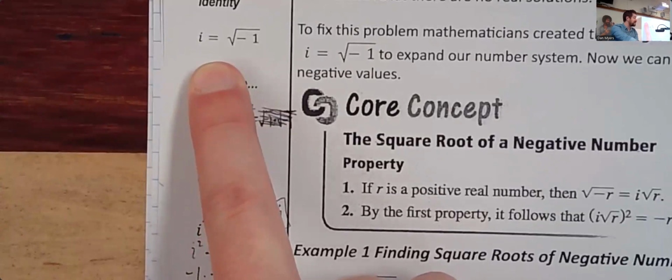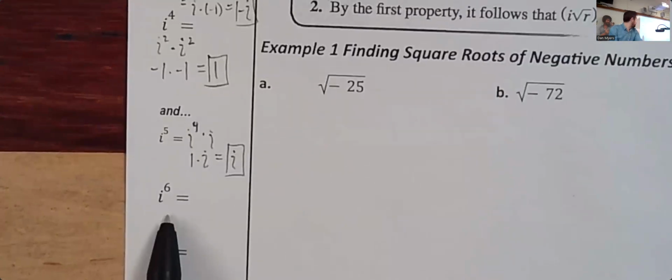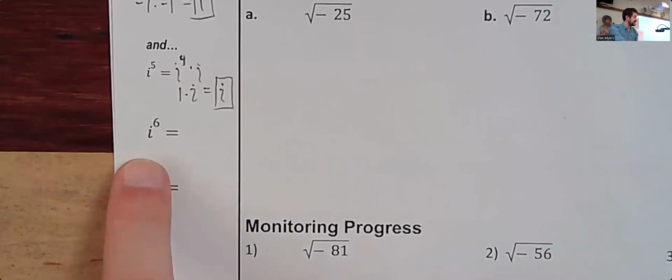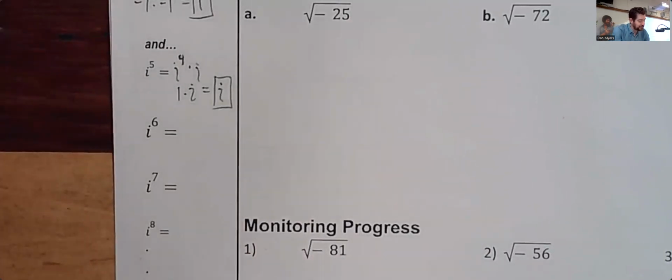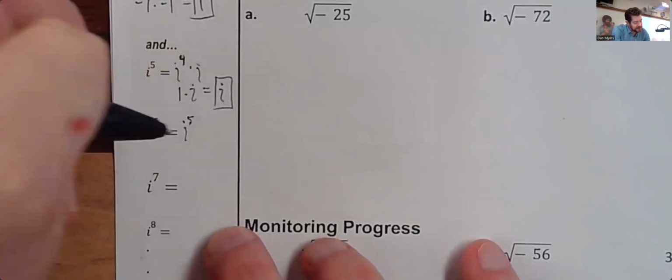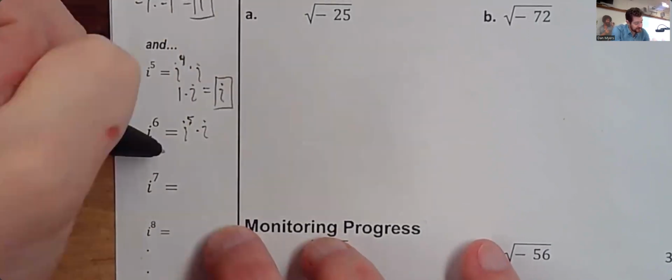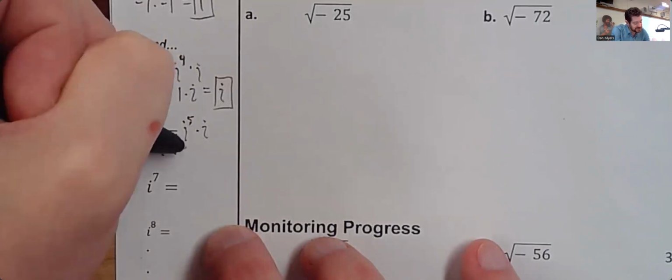So if we think about this pattern, i to the 6th power should probably be the same as i squared. So this would be i to the 5th power times i, because that's what i to the 6th is. Since i to the 5th is i, then we'd have i times i, which is equal to i squared.